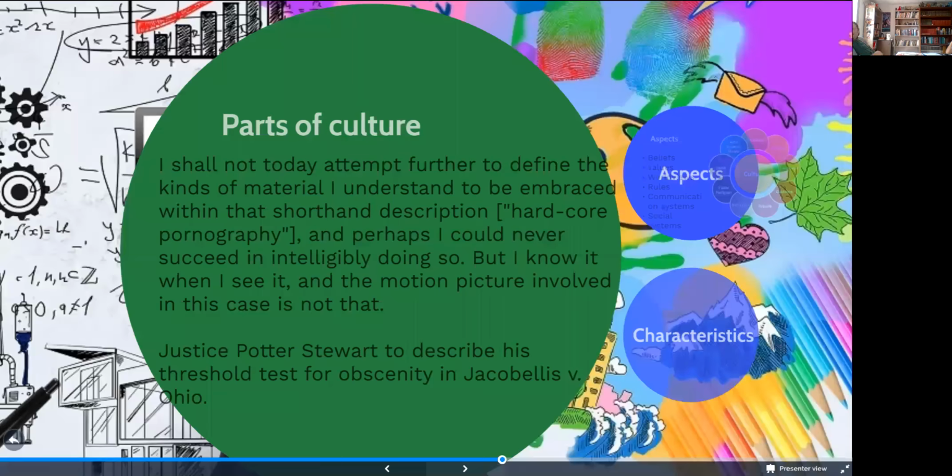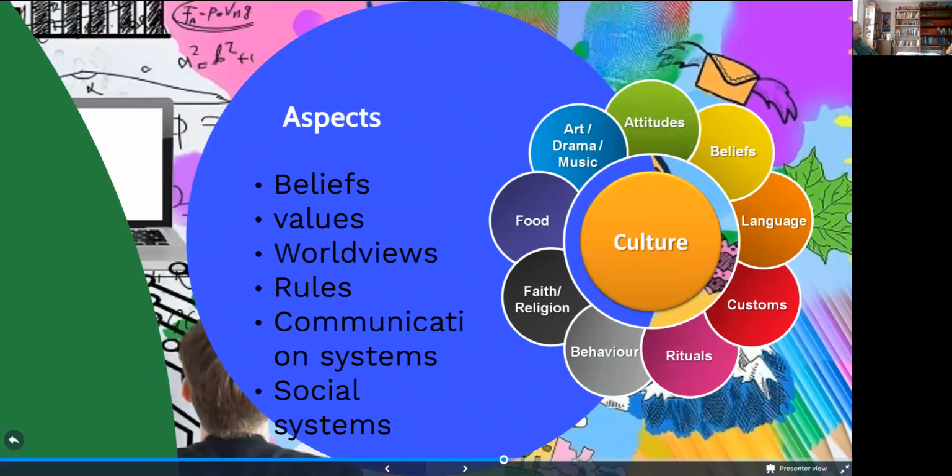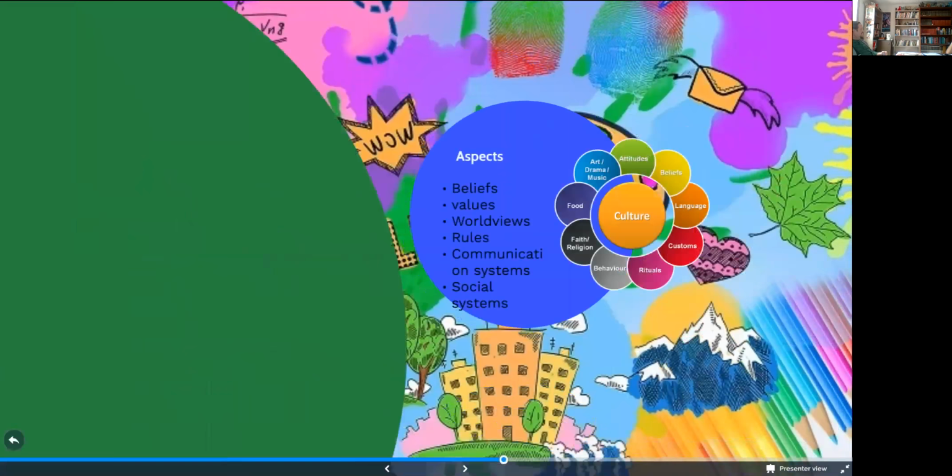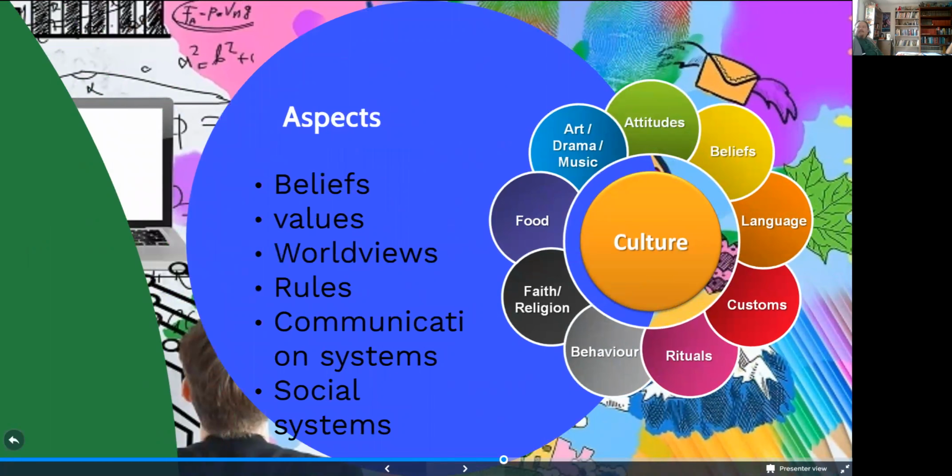Your textbook divides them up, and I think it's fine, into aspects and characteristics. All cultures have beliefs. That doesn't mean that every belief is a culture, but all cultures have beliefs. All cultures have values. They value one thing over another.